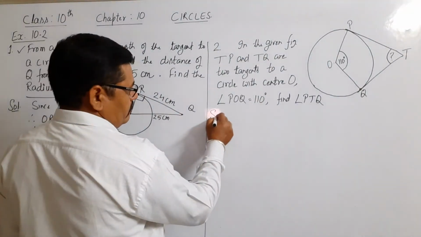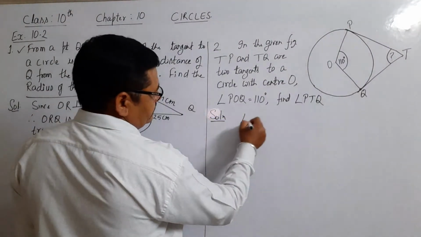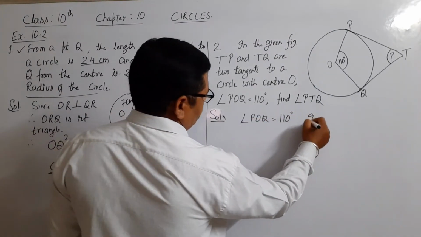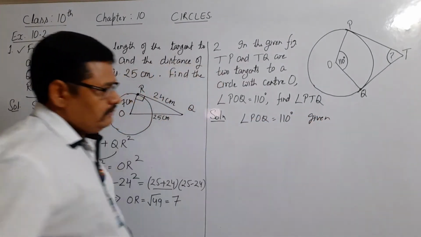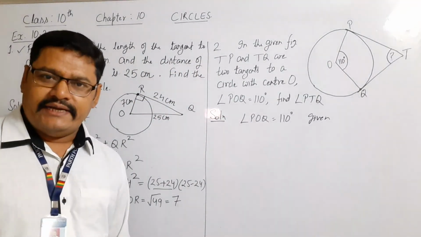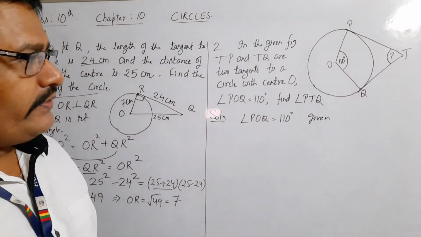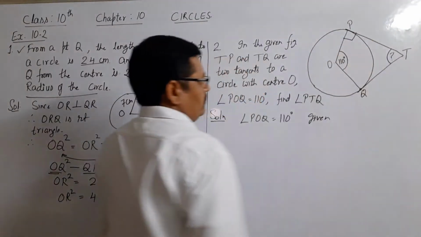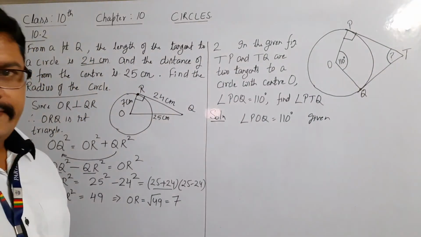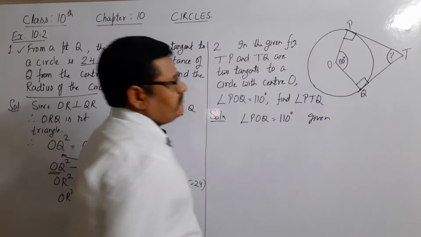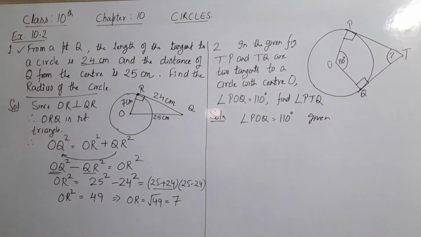Solution: since angle POQ is given 110 degree, again see OP is radius, PT is tangent and P is point of contact, therefore OP is perpendicular to PT. Similarly OQ is perpendicular to QT.